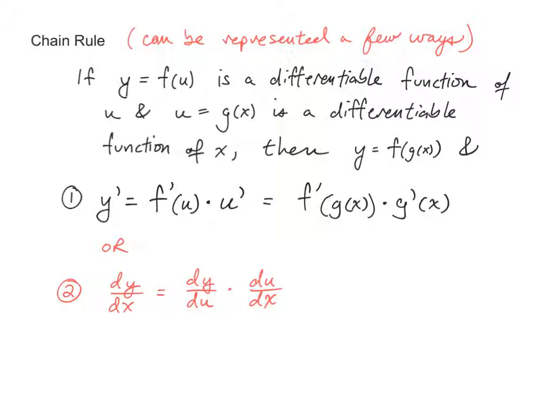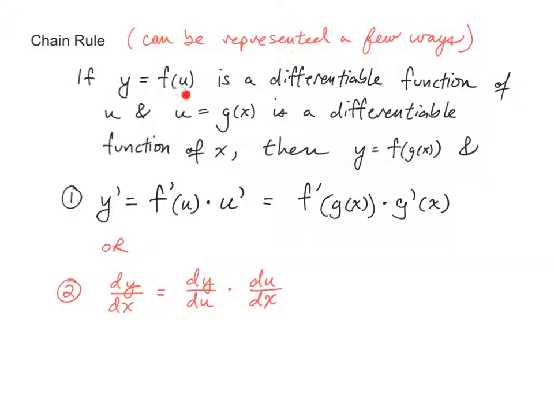On this slide, as promised, we have the chain rule and how it is stated as a theorem, and this can be represented many different ways, or a few ways anyway. So here it is.